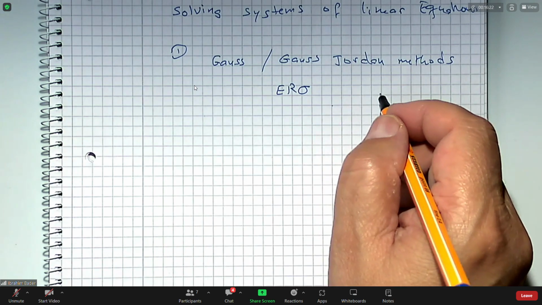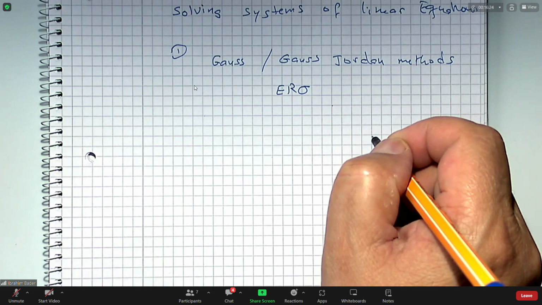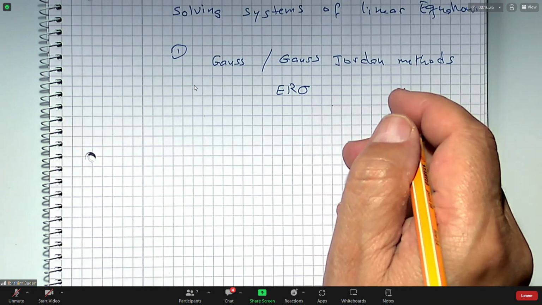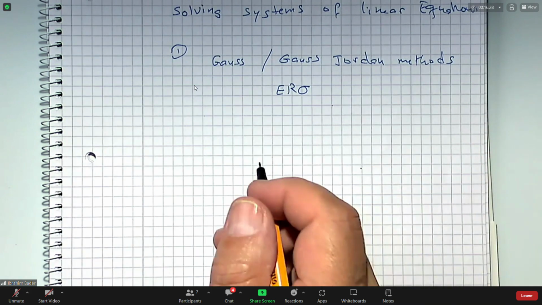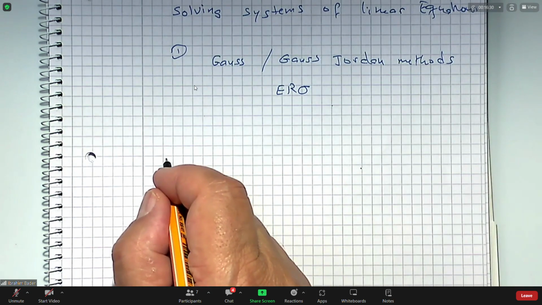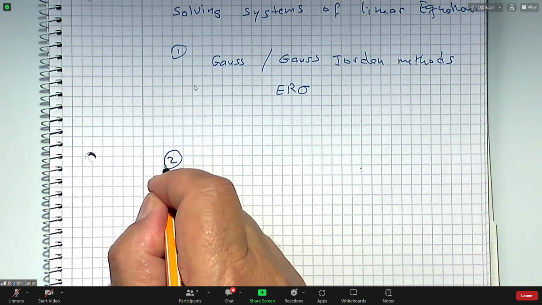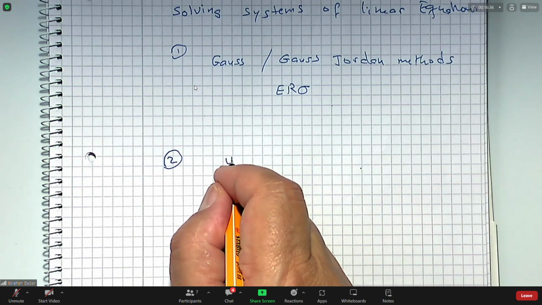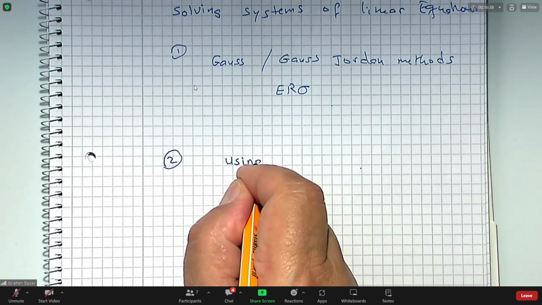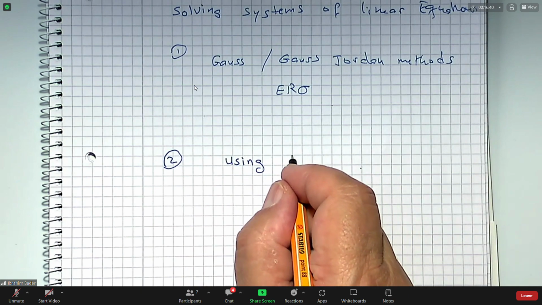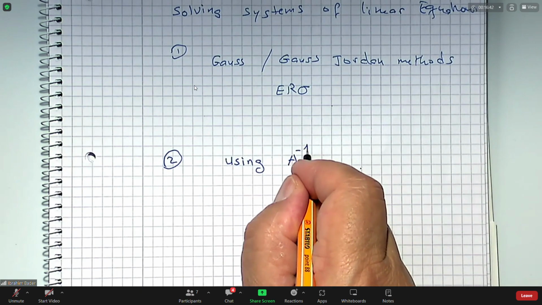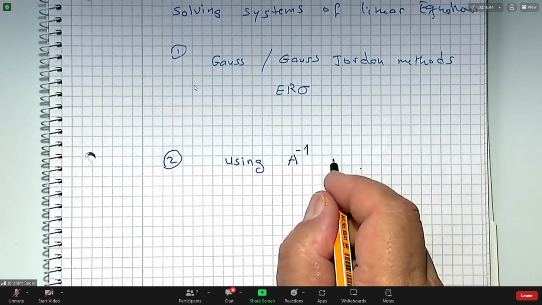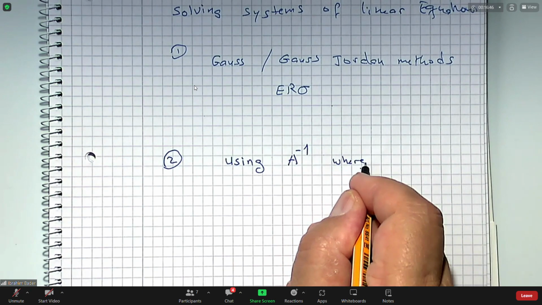And the Gauss-Jordan goes all the way to the so-called reduced echelon form where you have the identity and you solve the linear system. Now, another method that we will be learning today and next week, two methods actually, uses the matrix inverse, A inverse, where A is the coefficients matrix.